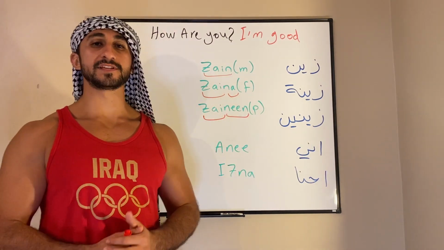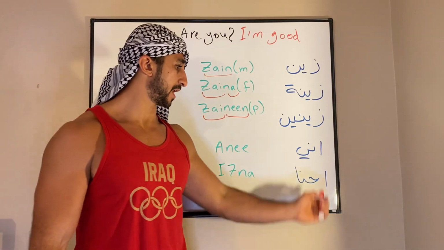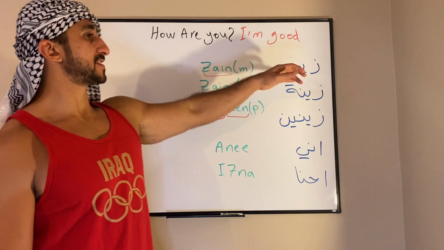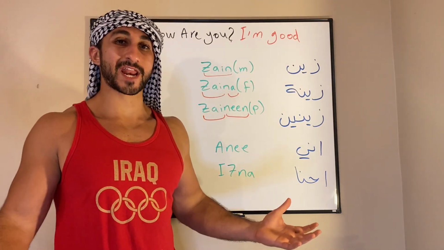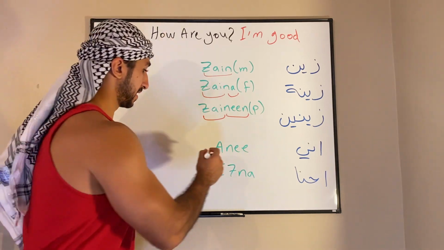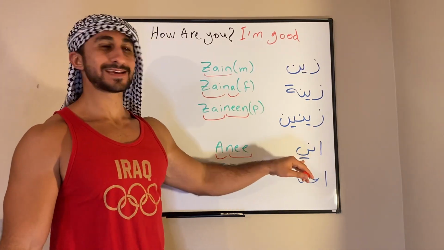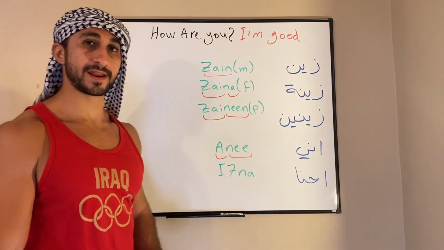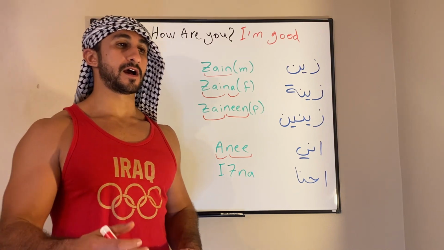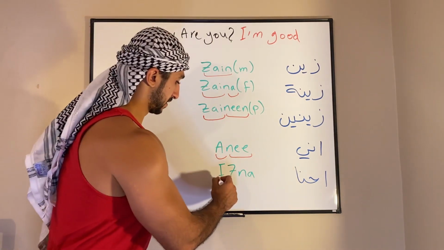Now I don't want to teach you all the pronouns today in this video. I'm going to leave that for another lesson, but I'm just going to touch upon two of them here. If someone asks you, how are you, ishlonek, then you would answer, ani, which is I: ani zan. Or if someone asks a group of people and you want to answer for the group, then you would say ehna.